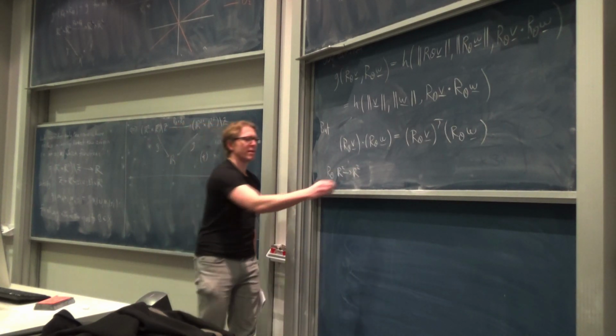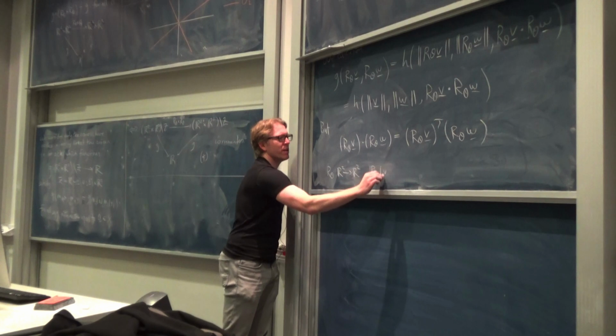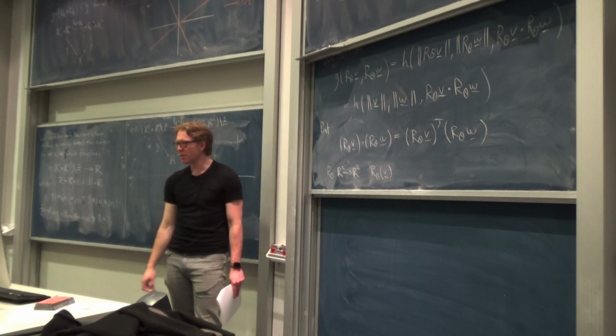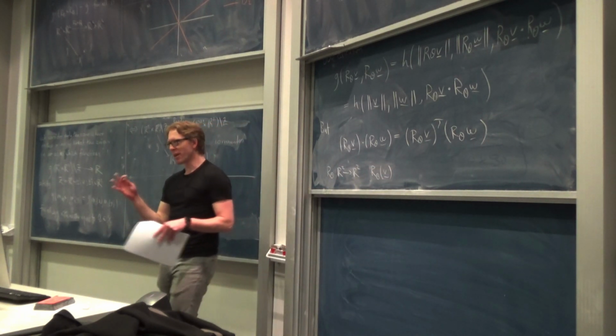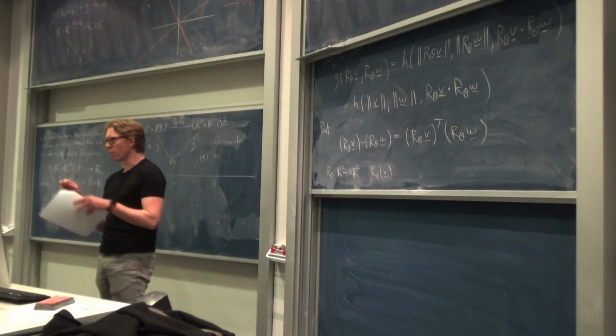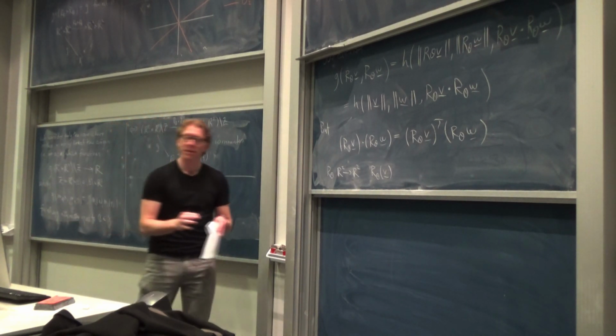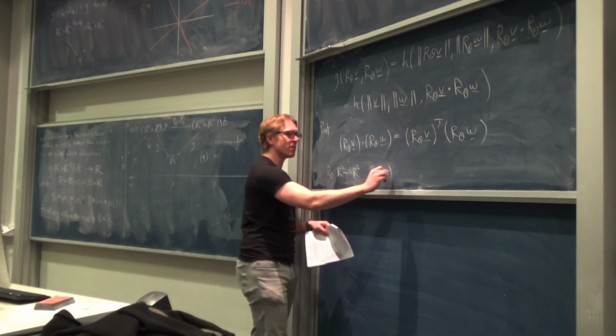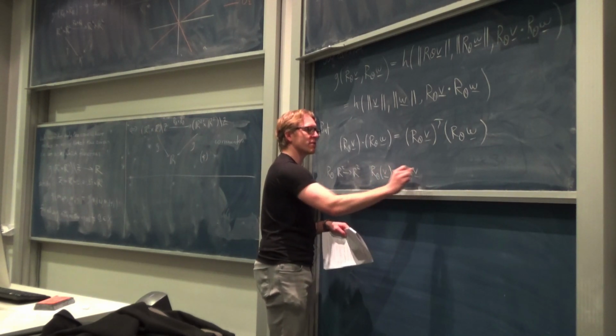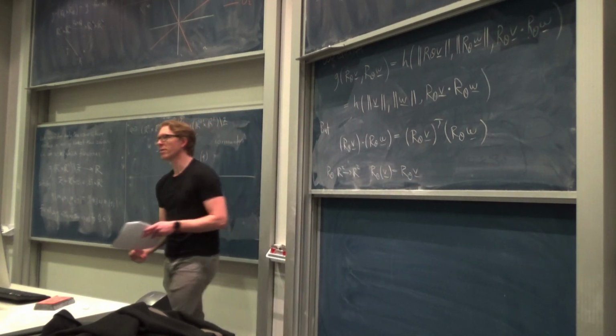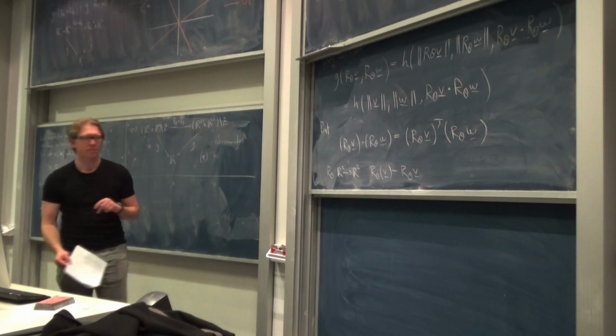So I could write R theta of V, that would be the functional notation, but I'm committing a sort of collapse of notation. So R theta also stands for the 2 by 2 matrix, such that evaluating this function on V is just left multiplication by that matrix. Okay, so I'll just write either of them, they're synonymous.